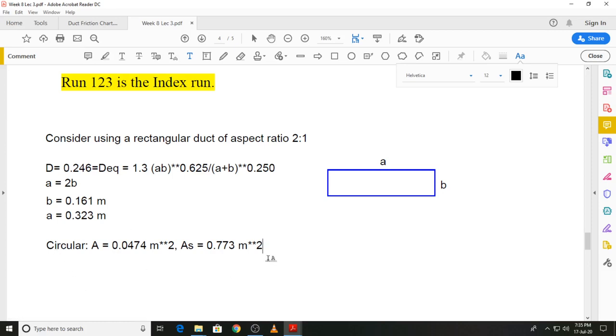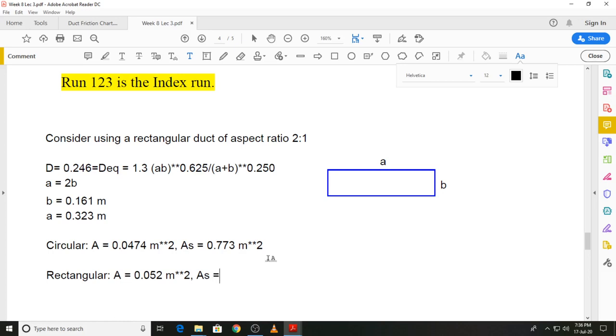And the same we can look at for a rectangular duct, and this time the cross-sectional area will be A into B, and that value you will see will be A is 0.323 into 0.161, gives us a value of 0.052 square meters, and the surface area will be the perimeter times the length.